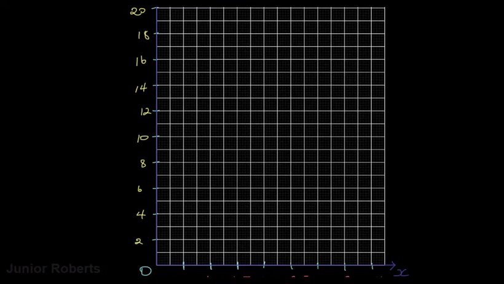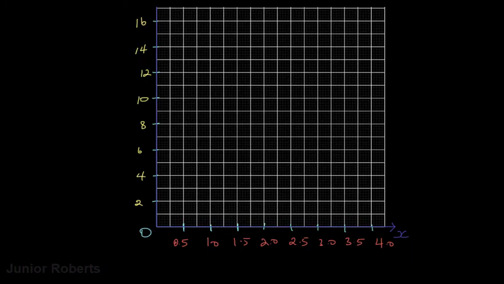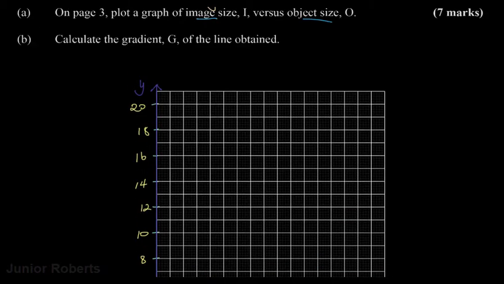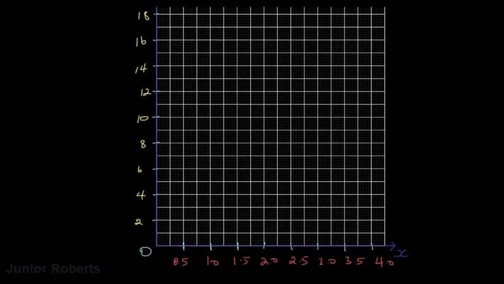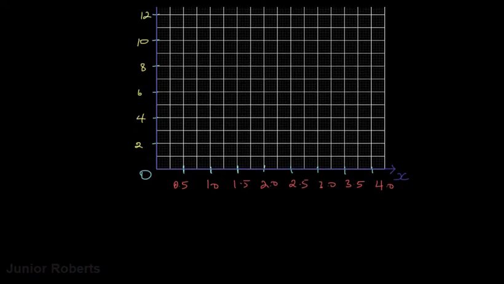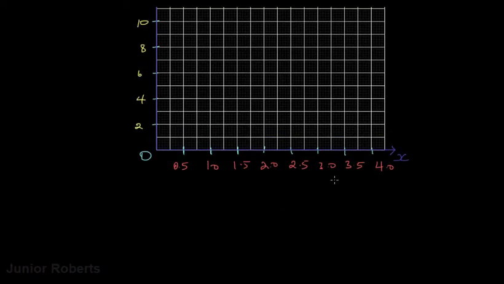So here's our graph paper. I went ahead and ruled up my graph paper, labeling my x-axis and my y-axis, and I put in scales for both axes. For the x-axis, I'm using a scale of 2 centimeters equal 0.5 centimeter.